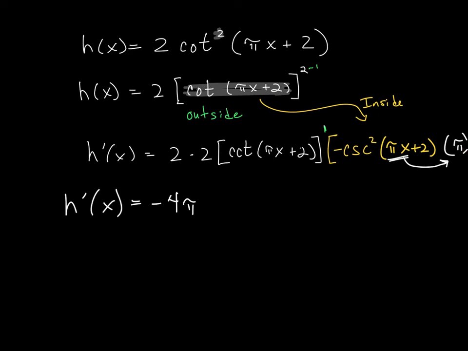Then what am I left with? I'm left with the cotangent of pi x plus 2 times the cosecant squared of pi x plus 2.